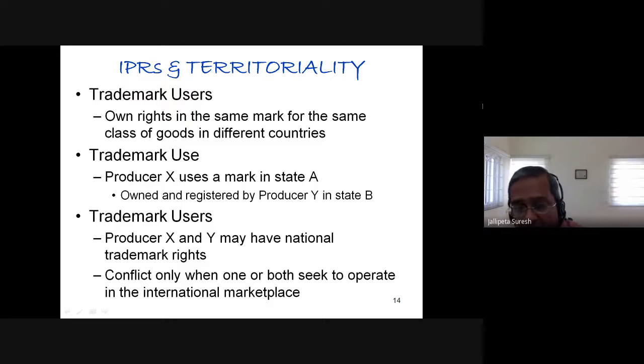And there the problems would arise because these two individual owners of that particular trademark are trying to use them in one single geographical entity. So there is a conflict, right?